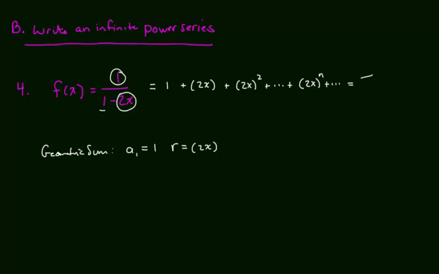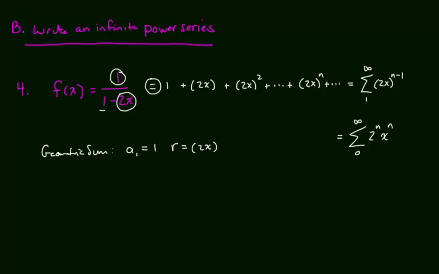If we wanted to use summation notation to summarize, we can say from 1 to infinity of 2x to the power of n minus 1. We could also use the 0 index, which sometimes just makes it a little more clean, and we could say here 2 to the n, x to the n. That would probably be the cleanest way to write it, and that is true.